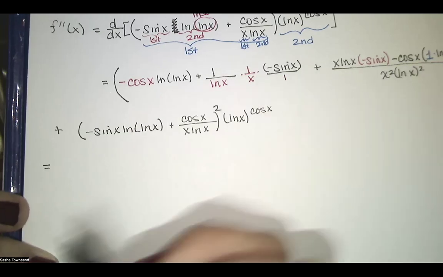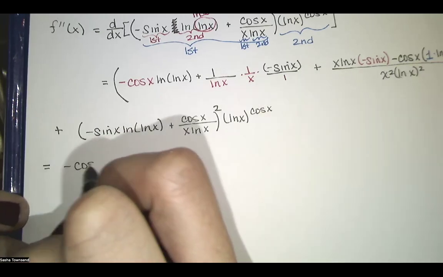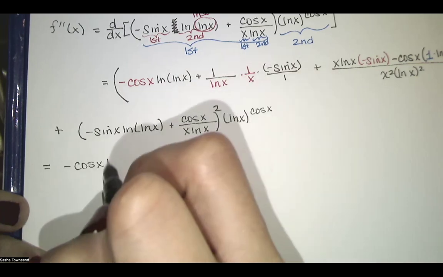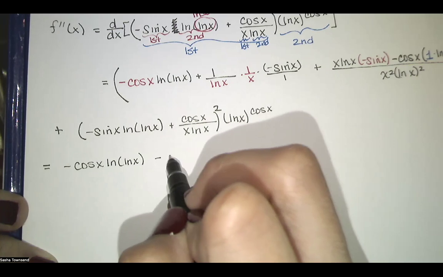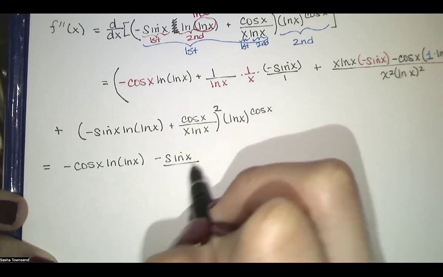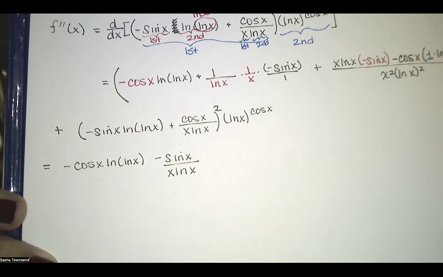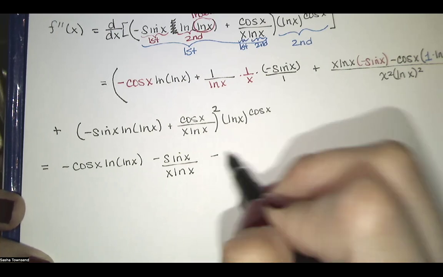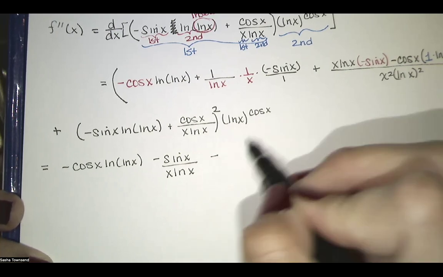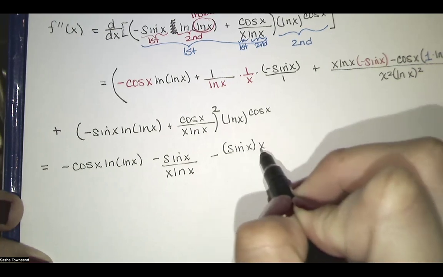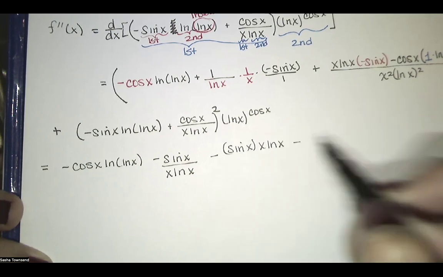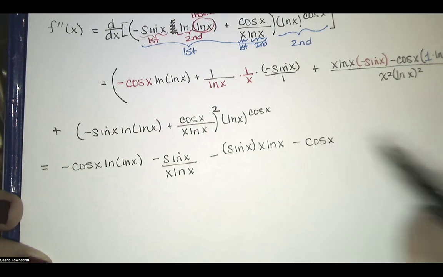Here, if I multiply straight across, first I'm just going to write that term down. There's not much to simplify there. If I multiply straight across here, I'll have negative sine of x divided by x times natural log of x. And here we will subtract sine of x times x natural log of x minus cosine of x.